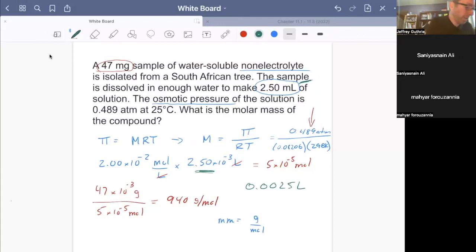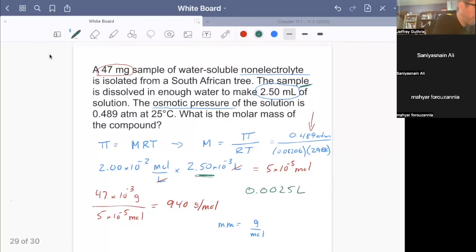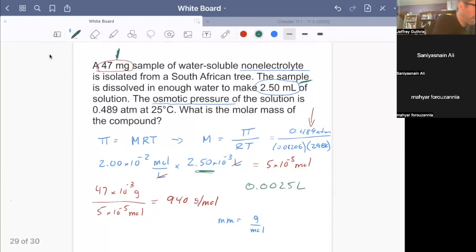That's from the 47 milligrams, right up top there. So that's the same as 0.047 grams, divided by the moles that we figured out. If you're not comfortable using the 10 to the minus 3 like I did, you can write the 47 milligrams and 2.50 milliliters as decimals.